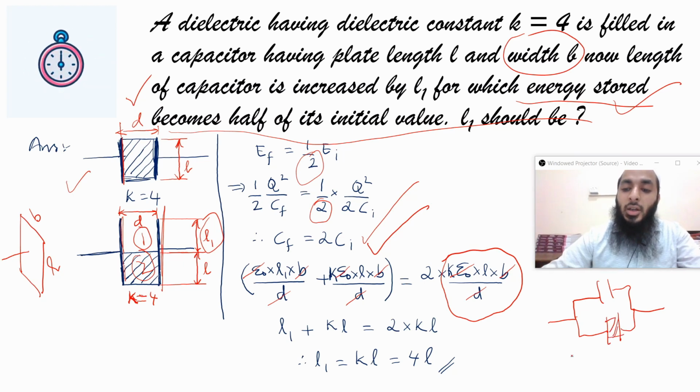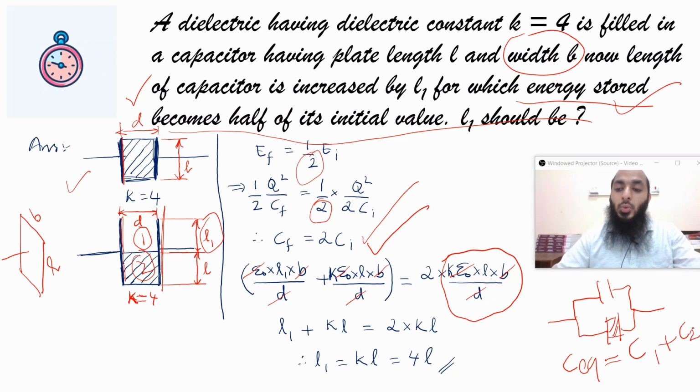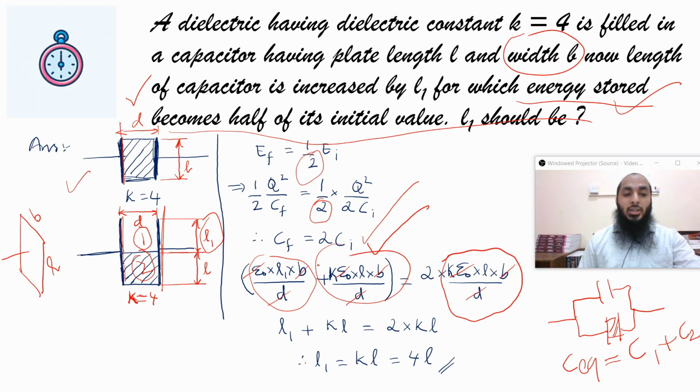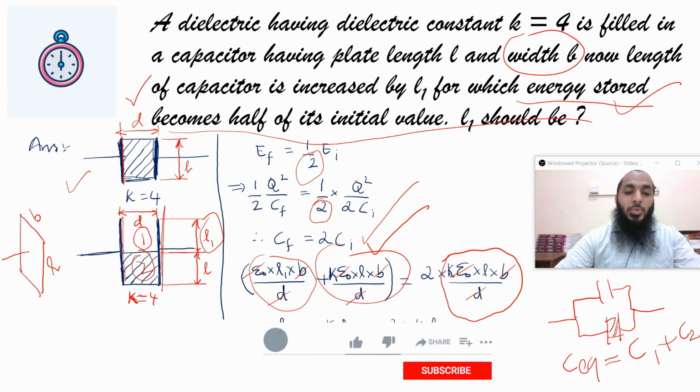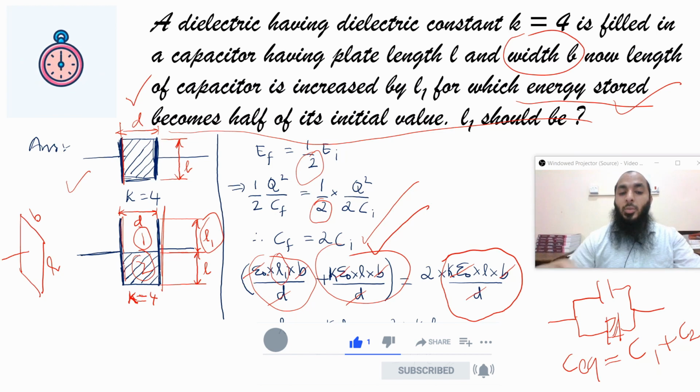So you know that equivalent capacitance in case of parallel capacitors is C equivalent equal to C1 plus C2, and that's what we have done. What is C1? It's without the dielectric, so epsilon naught into area, but area is length into breadth. Only the L1 length you have to take because that's where the dielectric is not present.